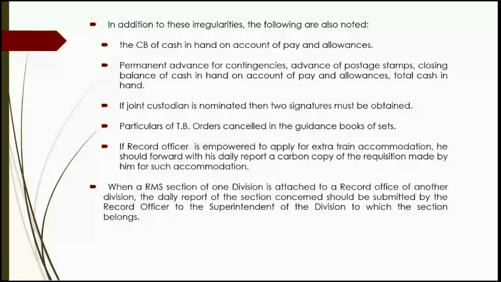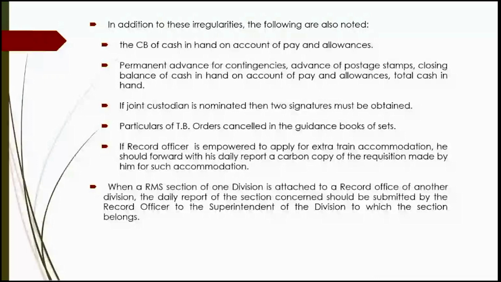Suppose the record officers, we saw that they are reporting to a particular divisional head, who is the superintendent. To that record office, sections and mail offices are mapped. But there might be an anonymous section which is attached to the record office, but that RMS section does not belong to the division to which the record office is reporting.